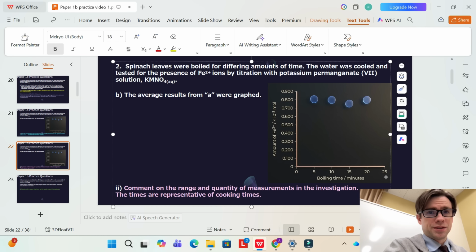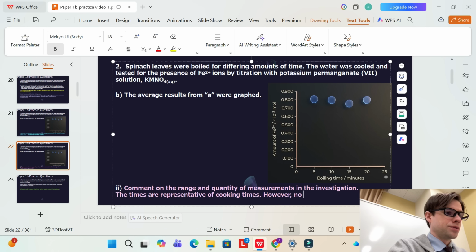You always want to ask when you're selecting your range of independent variables, is this how someone would actually use this process or this reaction? In this case, it kind of is. But no relationship could be shown.